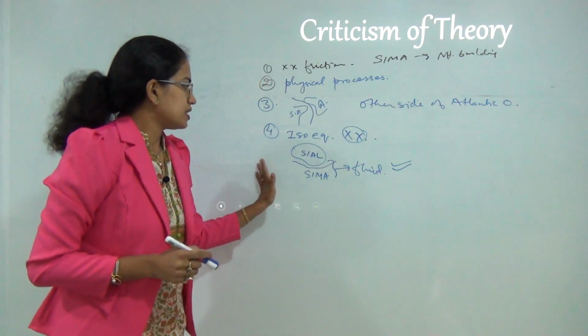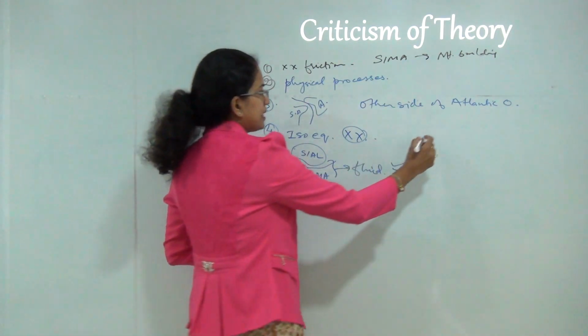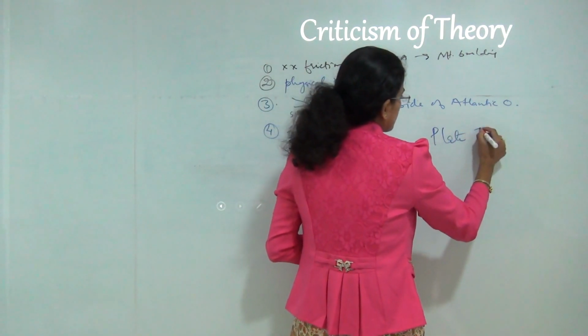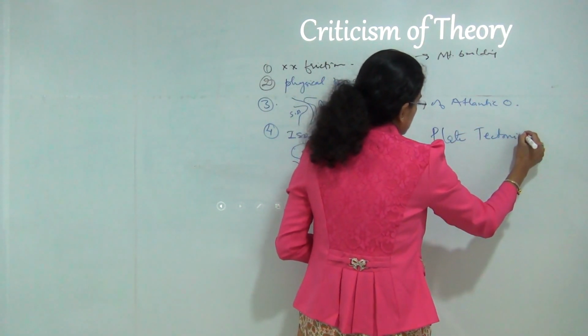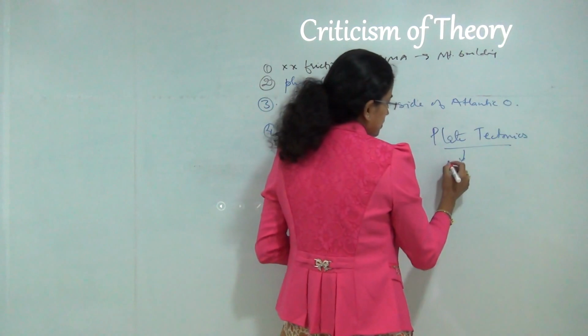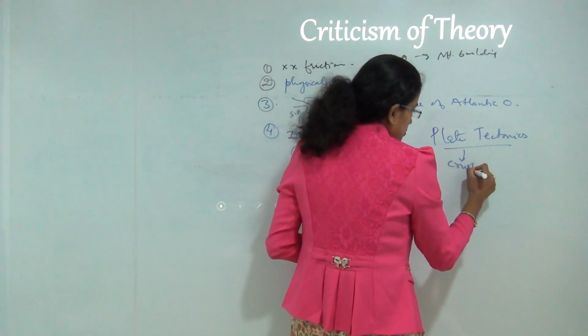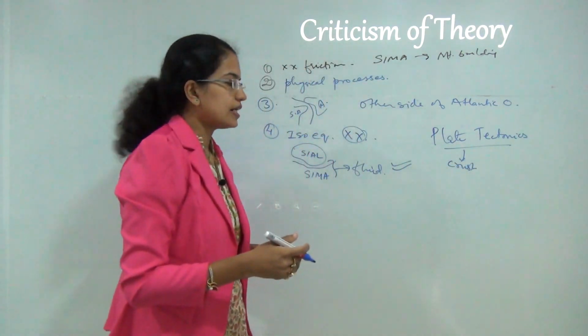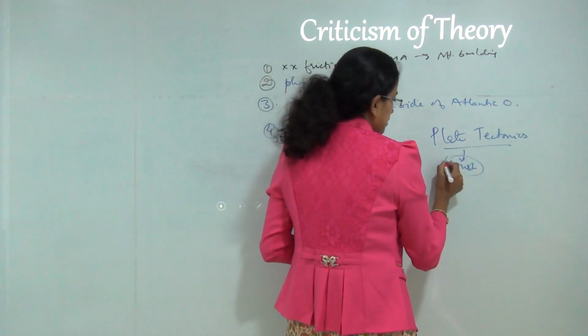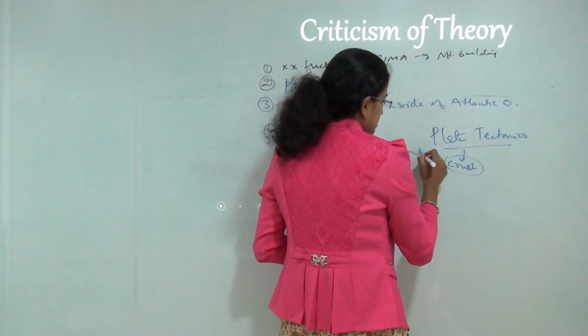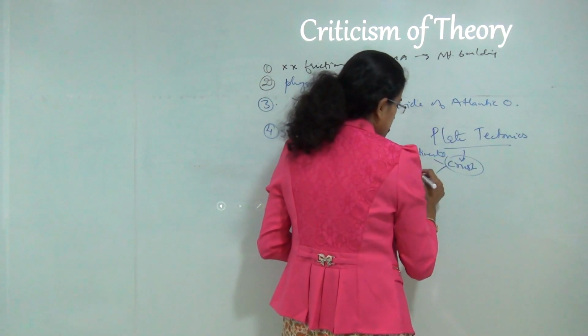To overcome these criticisms, plate tectonics concept was laid down, and under plate tectonics, what they tried to explain was the crust floats over the mantle, but the crust itself can be classified, I could say, as continental crust and oceanic crust.